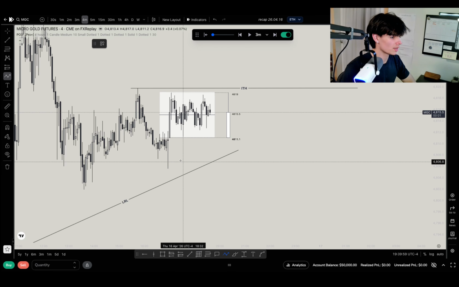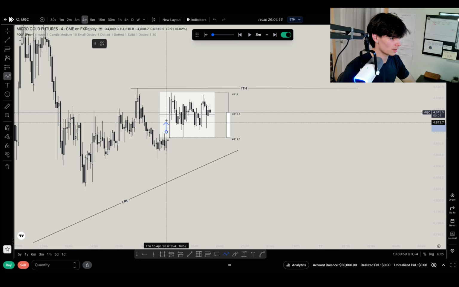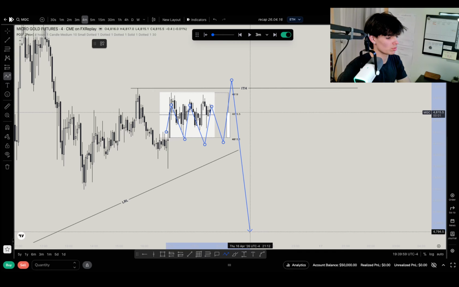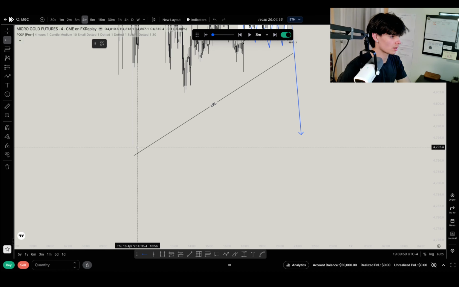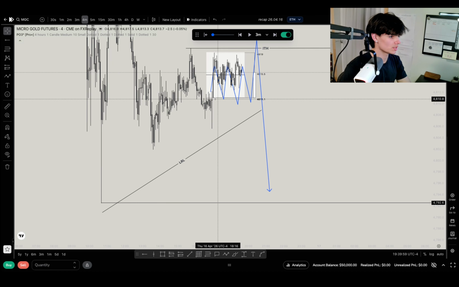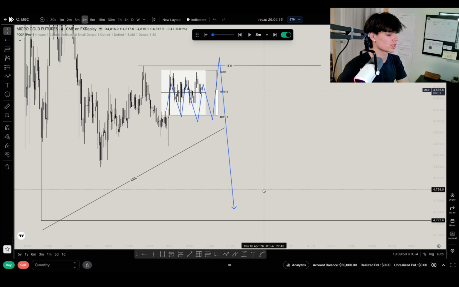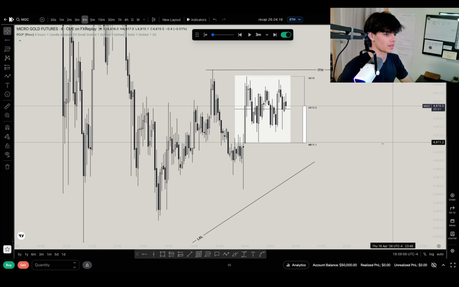So a manipulation above to 819, just sweep the intermediate high, and then a distribution below towards this low right there. The 6 p.m. low too, and then this intermediate low below is just my narrative. So that's basically my game plan coming into that trading night.